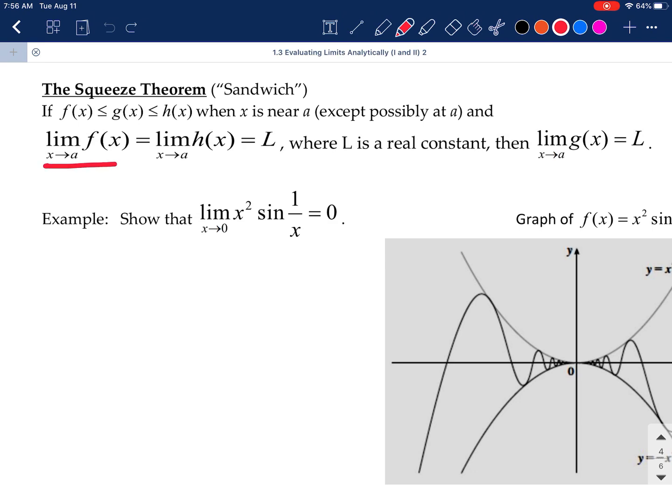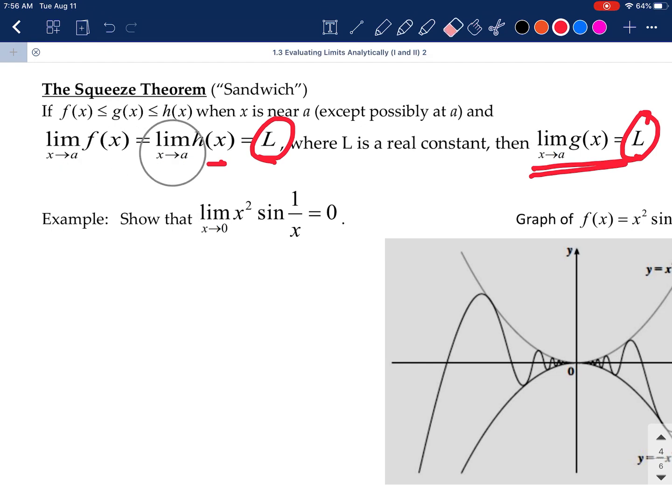And what the theorem says is that if the limit of the two above and below functions is the same value, whatever that value is, then the function that is sandwiched or squeezed between those two functions has that same value. It has to be equal to L. And so this seems pretty obvious that this should be true.